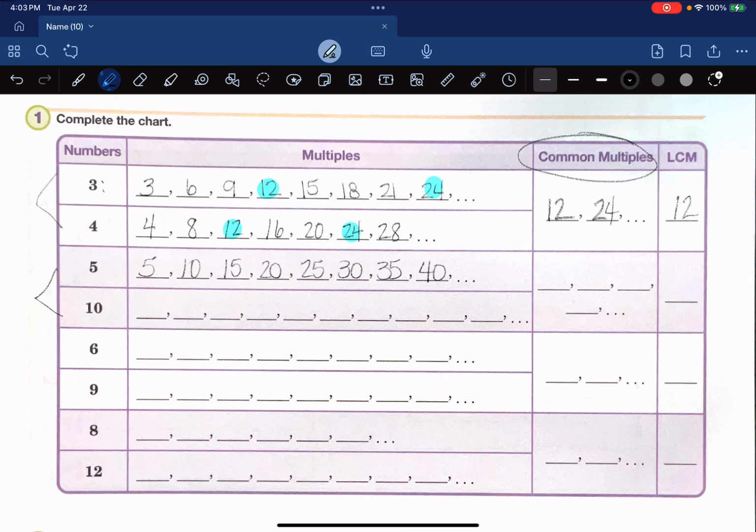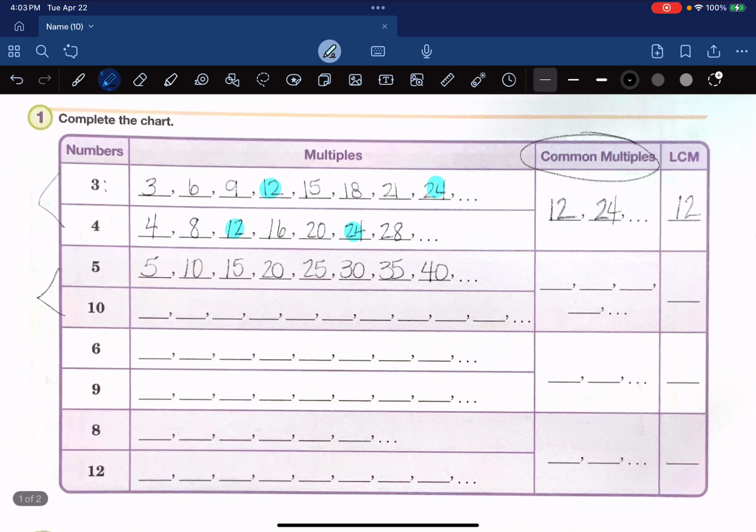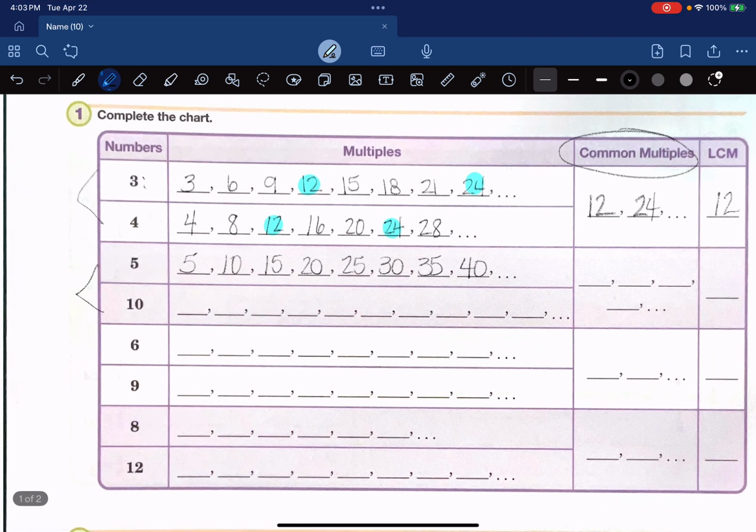This is pretty simple. Now I am going to share a little secret with you. One of the products that you are always going to have as a multiple for both numbers is if you were to multiply the 2 numbers together. So for example, 3 times 4 is going to be 12, and that is going to be a multiple for both the number 3 and the number 4 because you're multiplying 3 times 4, or you're multiplying 4 times 3.